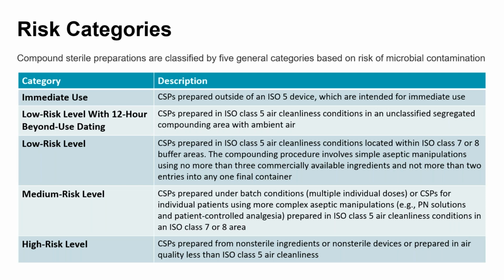Your low risk level is when your sterile preparations are done in ISO Class 5 air cleanliness conditions located within an ISO Class 7 or 8 buffer area. Basically, the way the classifications work is there are specific parameters that need to be met within each ISO class.